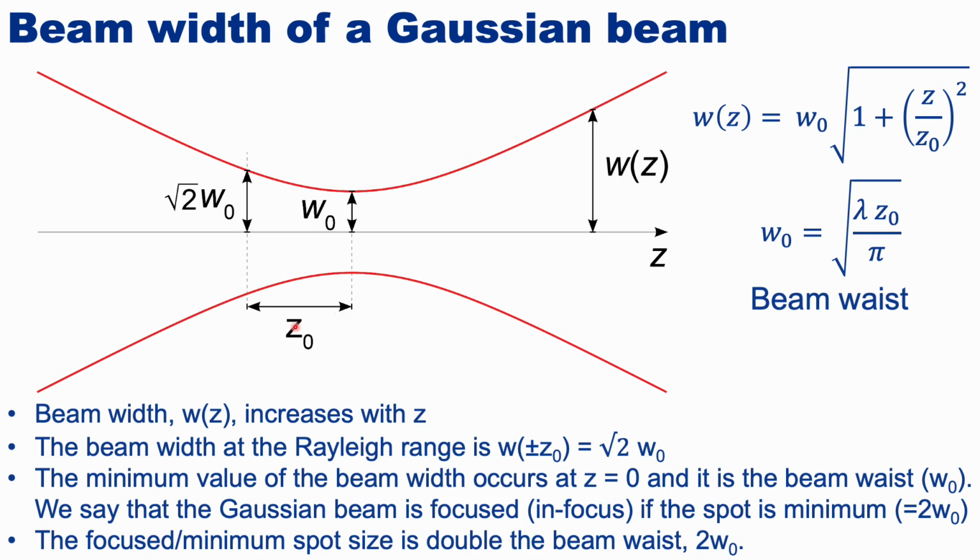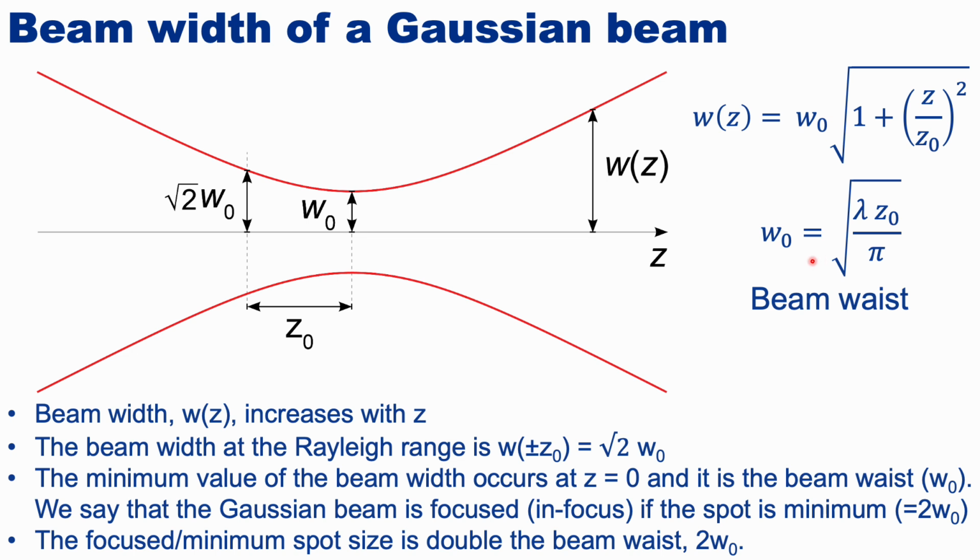So we already introduced the beam waist in the previous class because we were defining the q parameter. The beam width was defined in terms of the imaginary part of the inverse of the q parameter, and we were defining, in terms of the Gaussian beam, the Gaussian waist and the Rayleigh range, where the Rayleigh range and the beam waist are related.